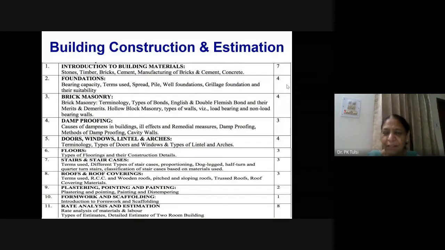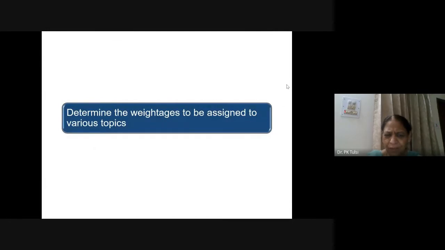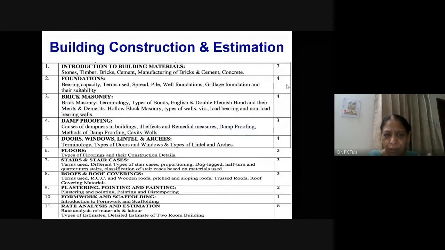And here, then, we must have the knowledge of the learning outcomes. For example, if it is introduction to building material, then what are the learning outcomes for this particular topic? Foundations, brick masonry.